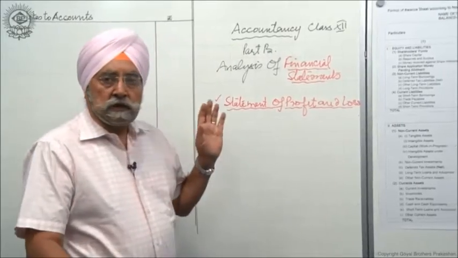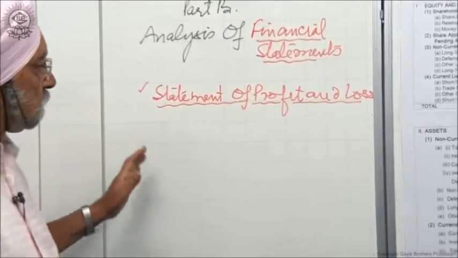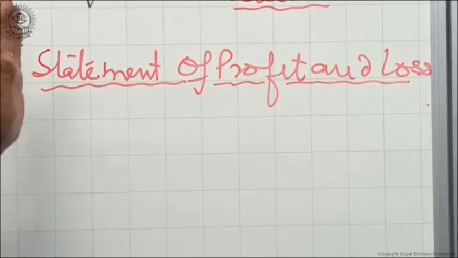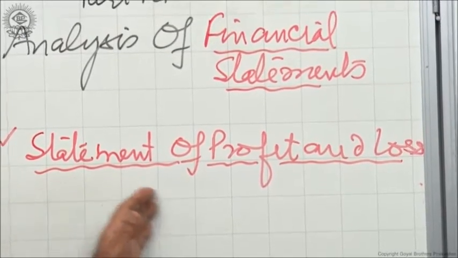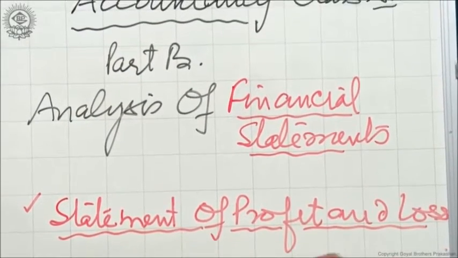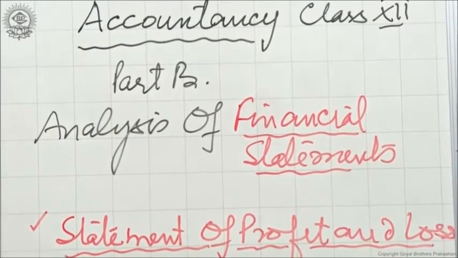So according to the same pro forma, we have the balance sheet. According to the same pro forma, we have profit and loss account. I will show you these pro formas a little later.